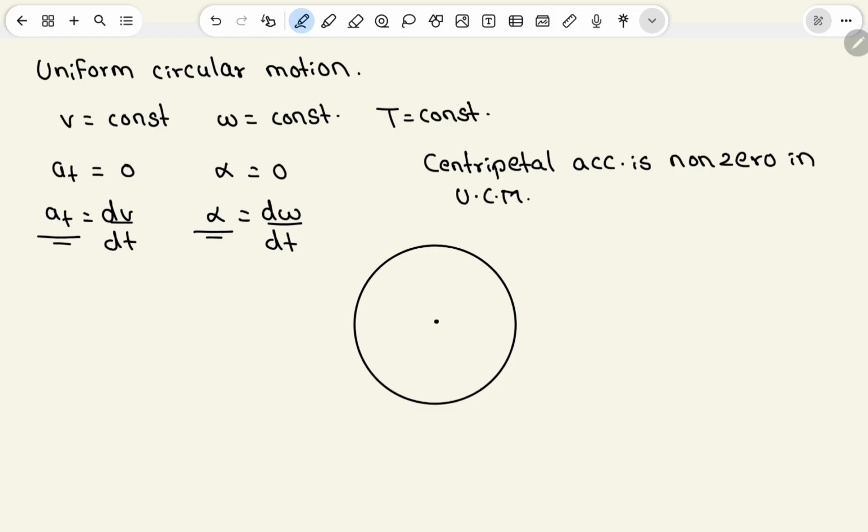This is the center, and let's say this is the radius. Now a particle is on the circumference. Whenever there is a particle on the circumference of the circle moving in a circular path, there is an acceleration acting towards the center. So centripetal acceleration acts along the radius and it is towards the center.